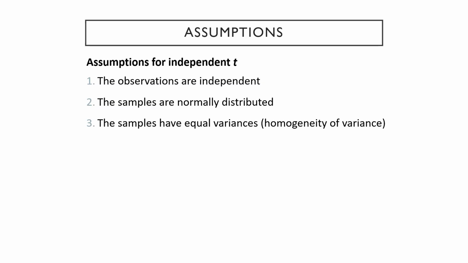For an independent t-test, the observations must be independent. In other words, we have two distinct and non-overlapping groups. The data for both groups are normally distributed, and the samples must have approximately equal variances. We call this homogeneity of variance. Essentially, if the variances of the groups are wildly different, it increases our chance of type 1 or type 2 error.